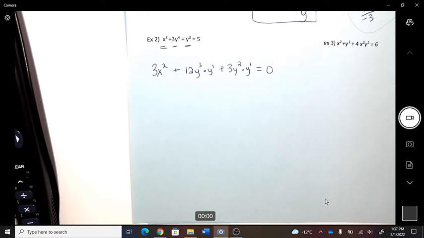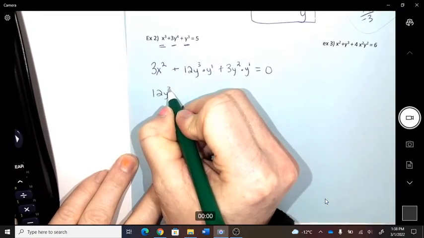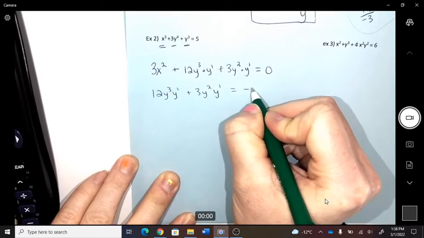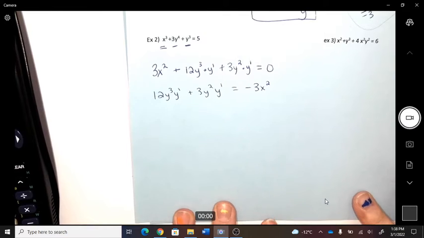Okay, now I want you to remember when we did our log stuff, we always were trying to collect terms like that. So I'm going to leave all my y prime on one side, and I'm going to move the non-y prime stuff.